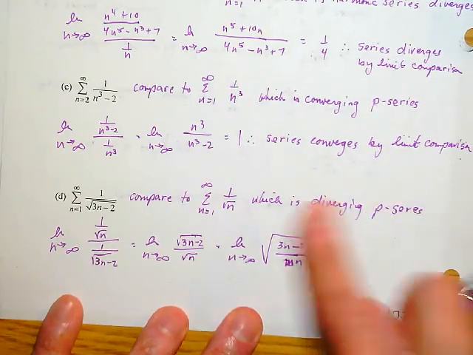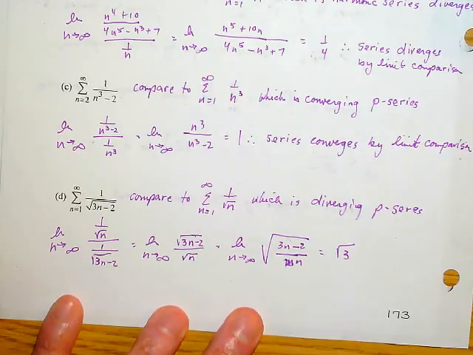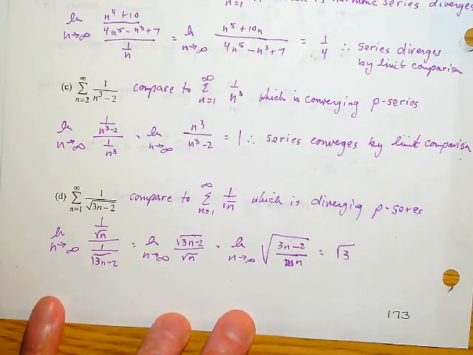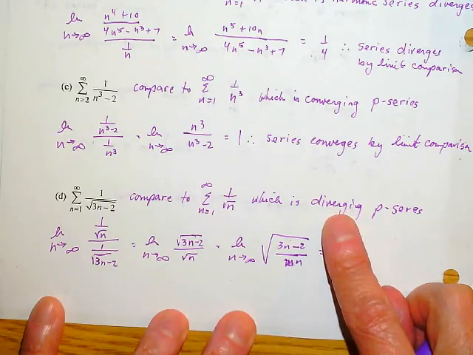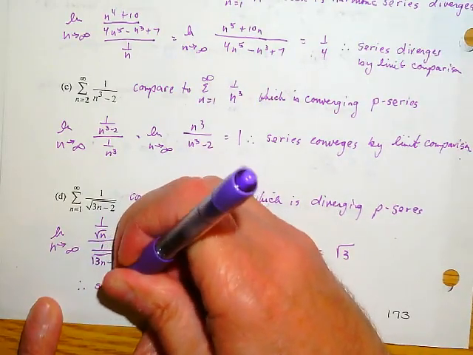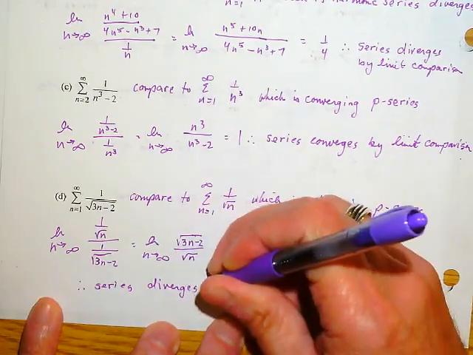So we would have 3, but wait, we've got the square root of 3. Is that finite? Yeah, it's the square root of 3. Okay, I didn't say it was rational necessarily, but it is finite. And is it positive? Sure. Okay. So since our compared to series diverges, we're going to say therefore this series diverges. They're going to act the same. Diverges by limit comparison.